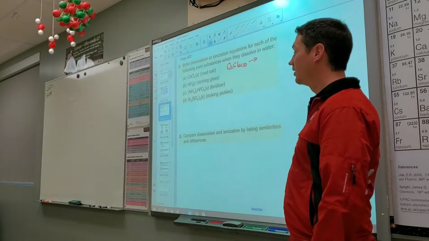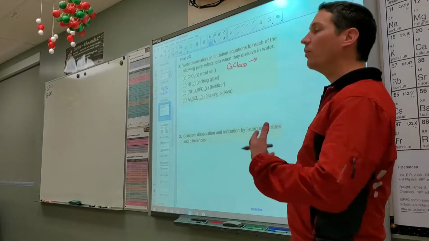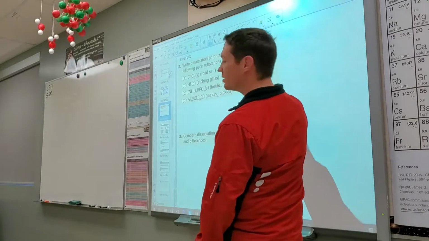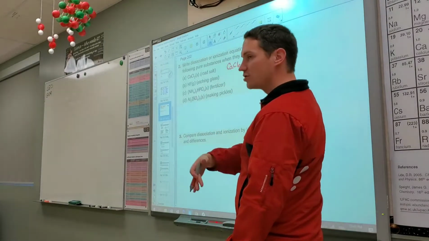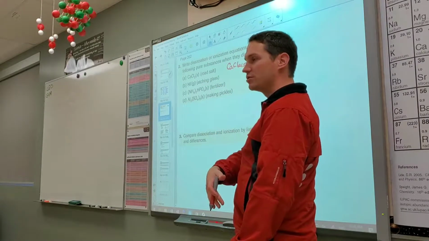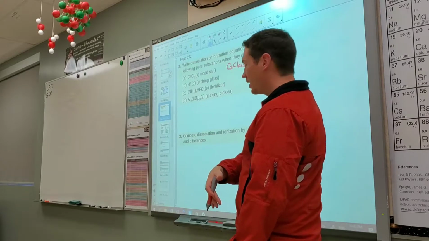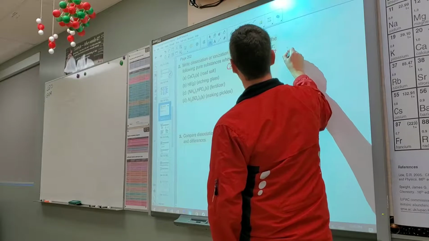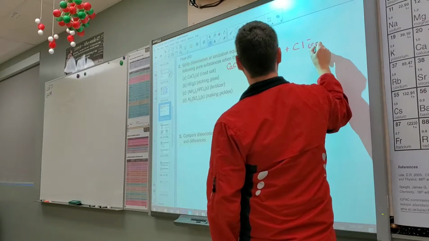The water will break them apart, right? Yes. Okay. So when I add calcium chloride to water, I'm going to get calcium ions and chloride ions.